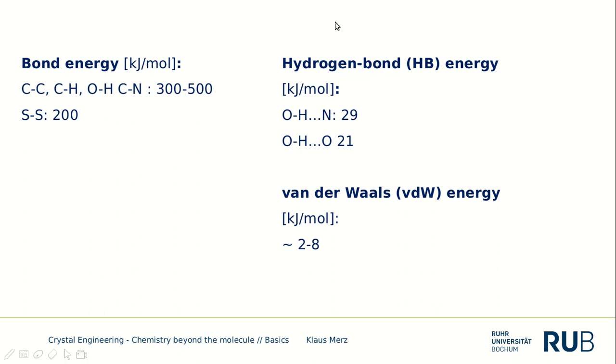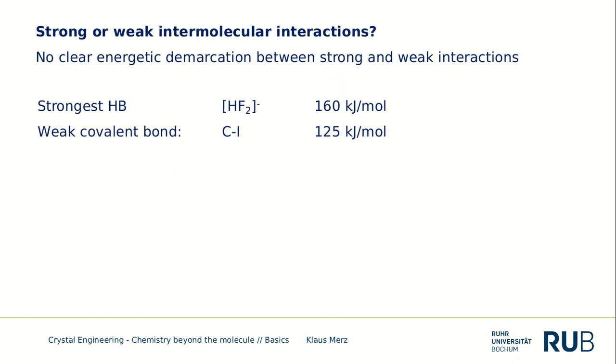The question is, what are strong and weak intermolecular interactions? Well, this question is not easy. You will not find an easy answer. On the one side, you have a very strong hydrogen bond, in this case with an anion, 160 kilojoule.